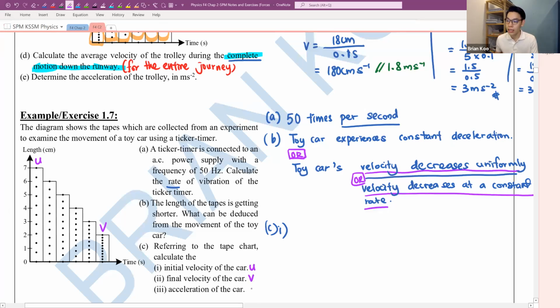And then part 3, they're asking for the A. Can you go and find those three things? U, V, and A. I give you 1 minute, you just try. Whether you have done or not, later on I will explain. Nothing much to explain, to be honest.